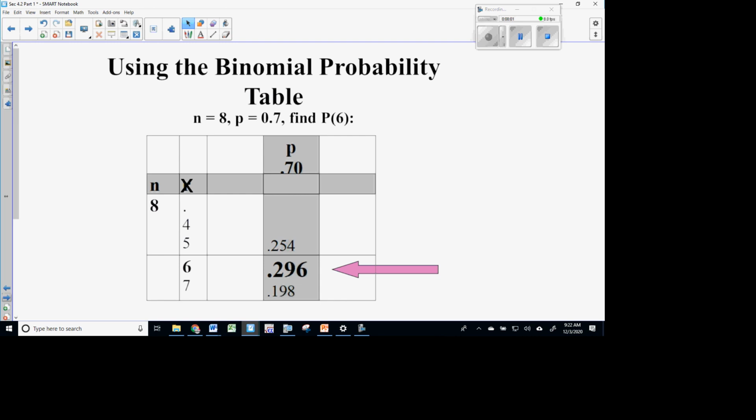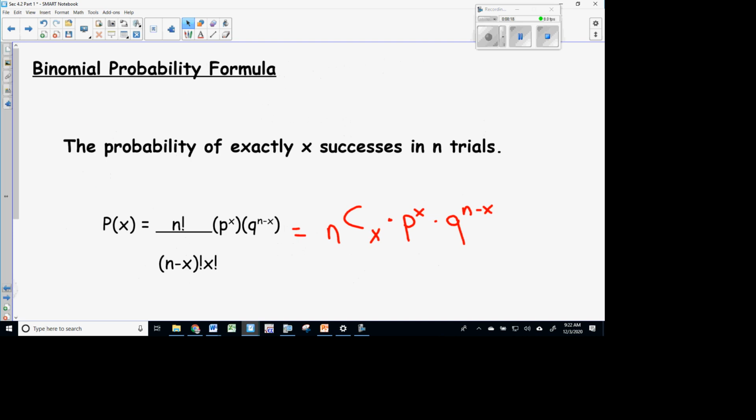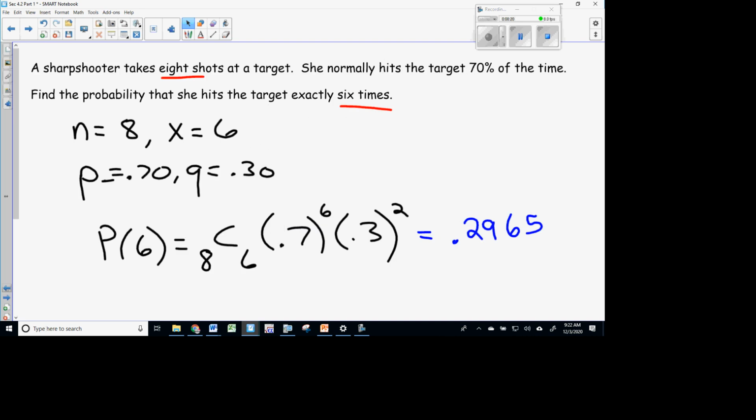So go over to 0.7, go to 8, 6, go down and over, and your answer right there is .296, which is what we got when we actually used the formula.